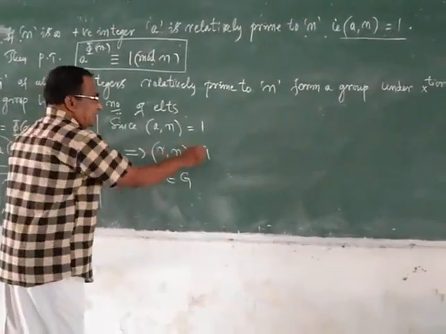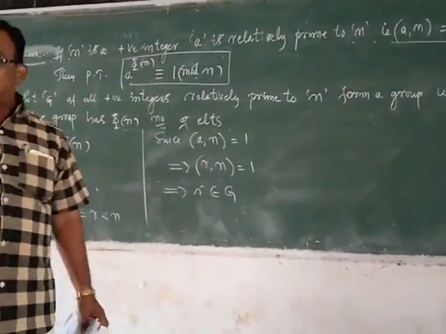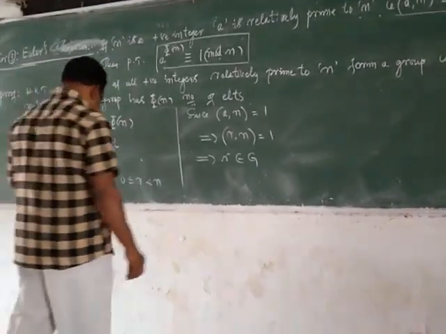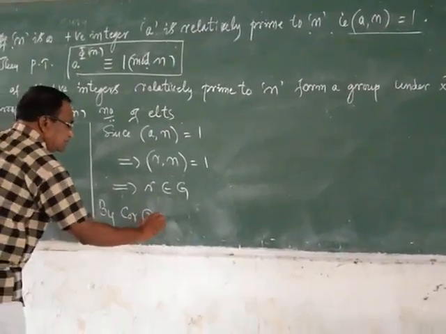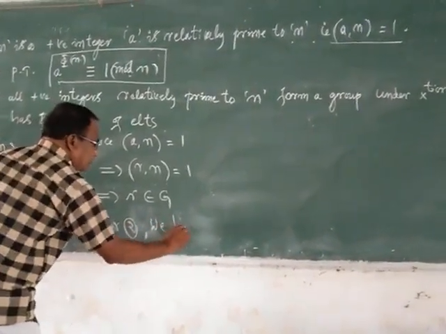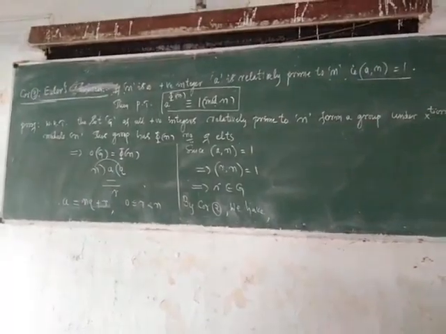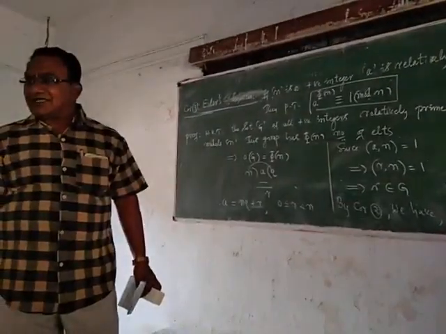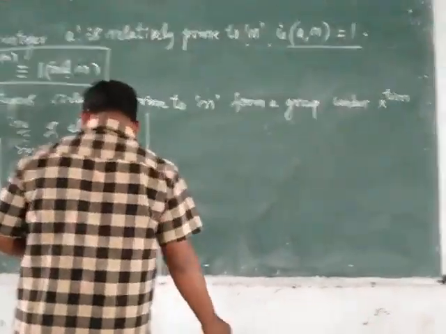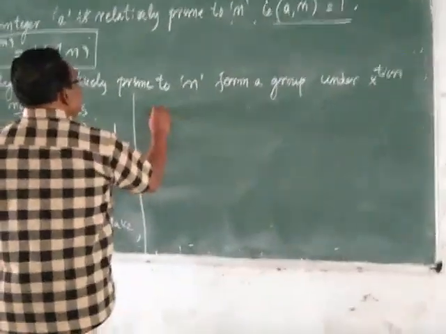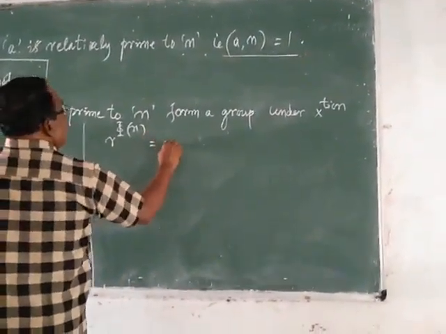Therefore, since R and n are relatively prime, R belongs to G. By the corollary, if A is an element of G, then A to the power of the order of G is equal to E. So R to the power phi n is equal to the identity of G.